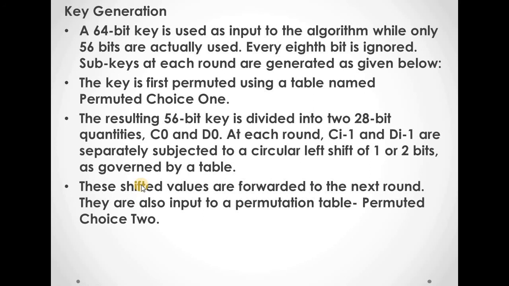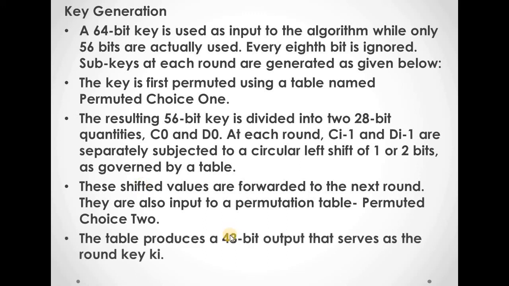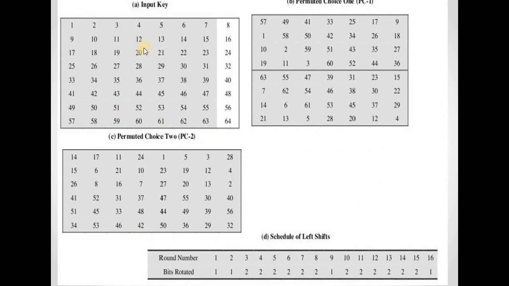Their shifted values are forwarded to the next round. They are also input to the permutation table, permuted choice 2, which produces a 48-bit output that serves as the round key Ki.